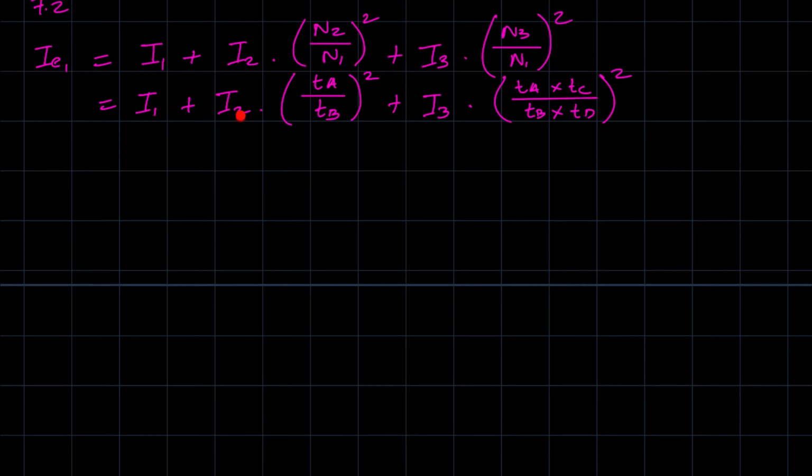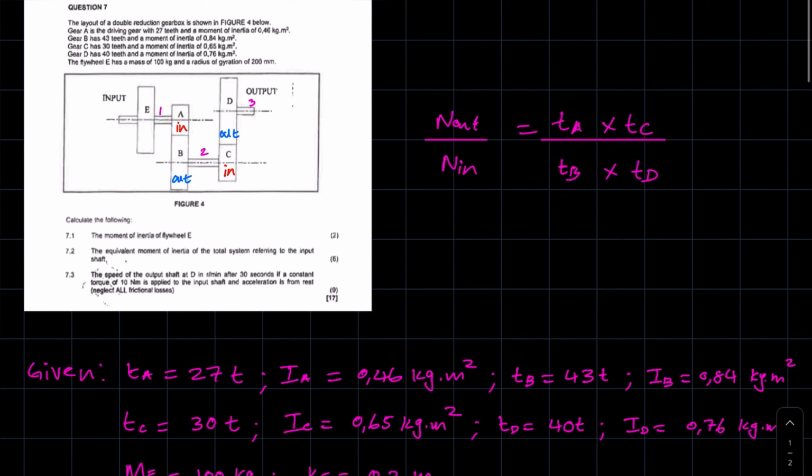Now these moments of inertia, I1, I2, I3, are essentially the inertia of all rotating bodies that are on the shaft. So for instance, I1, the input shaft, which we've labeled as 1, we would look at the inertia of any and all rotating bodies that are on the input shaft.